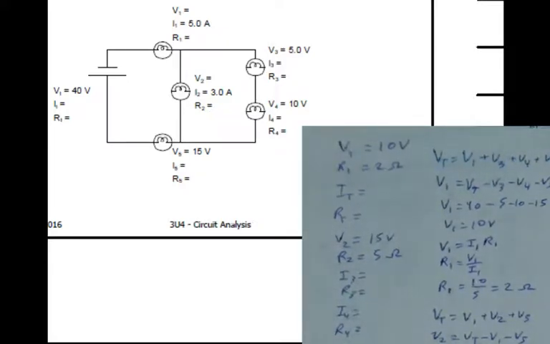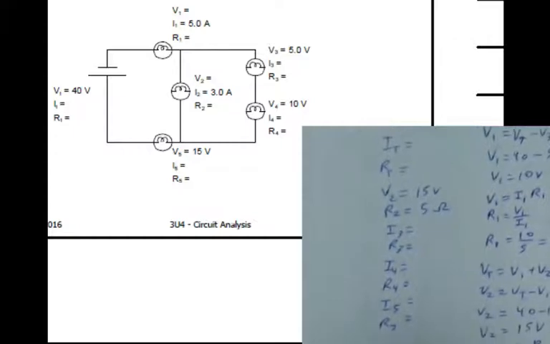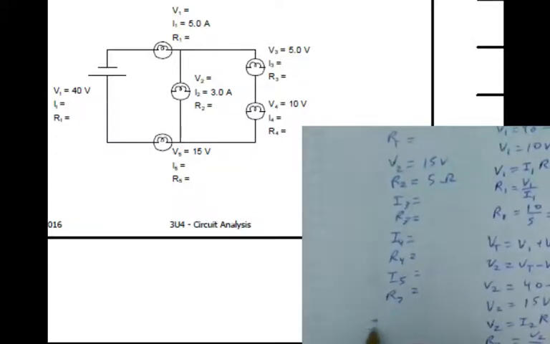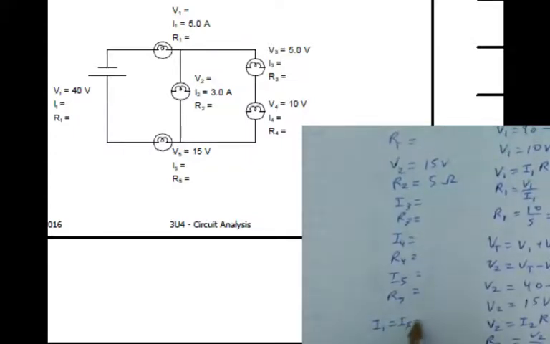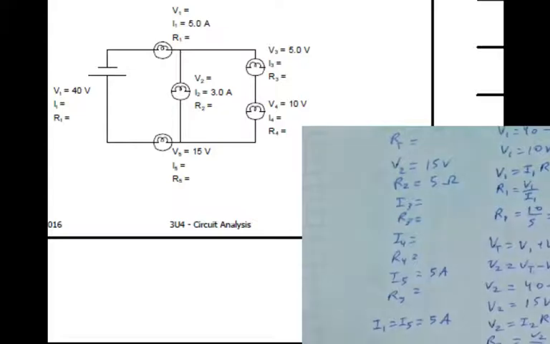Let's use the current law to do some more analysis here. I1 is 5, and part of that branch is resistor 5. So I1 equals I5, which equals 5 amps in this case. So my I5 equals 5 amps.